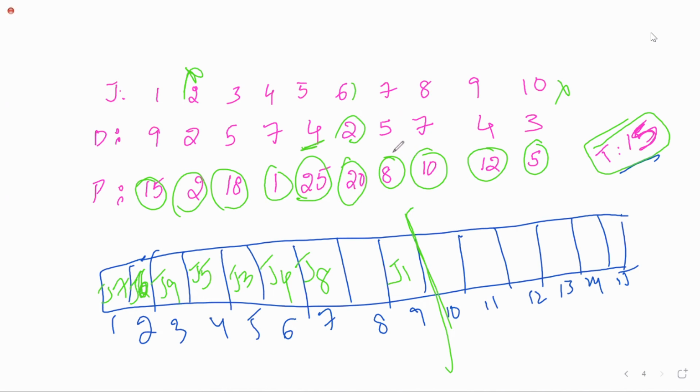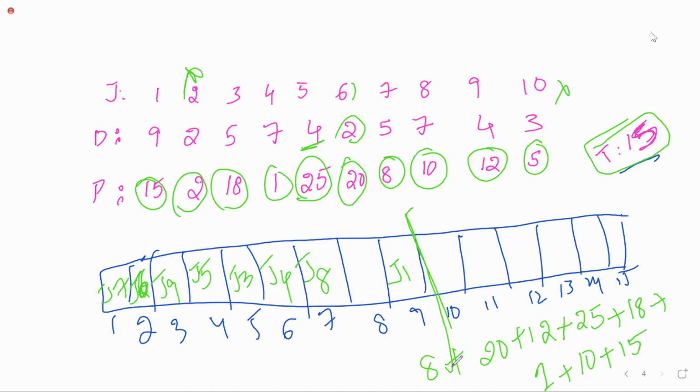Now we'll check with the profit. What is the profit of job 7? It is 8. What is the profit of job 6? It is 20. Job 9 is 12. Job 5 is 25. Job 3 is 18. Job 4 is 1. Job 8 is 10. Job 1 is 15.